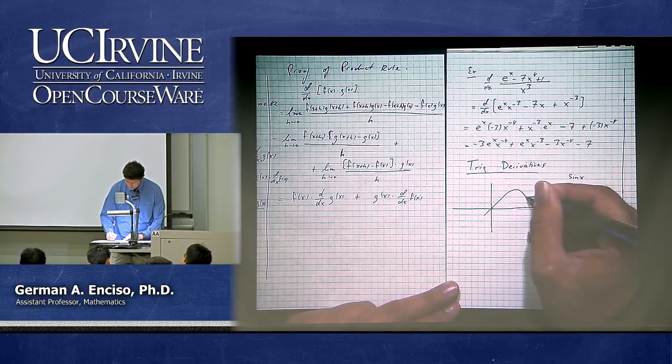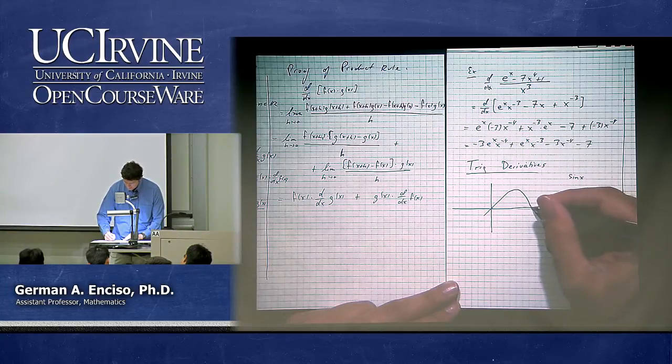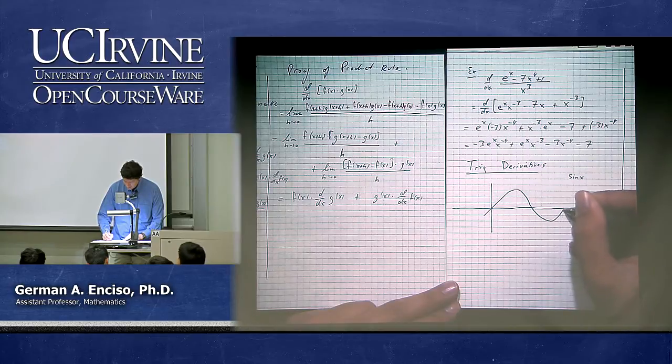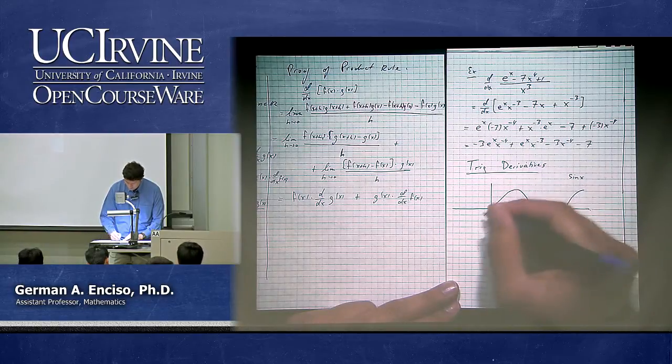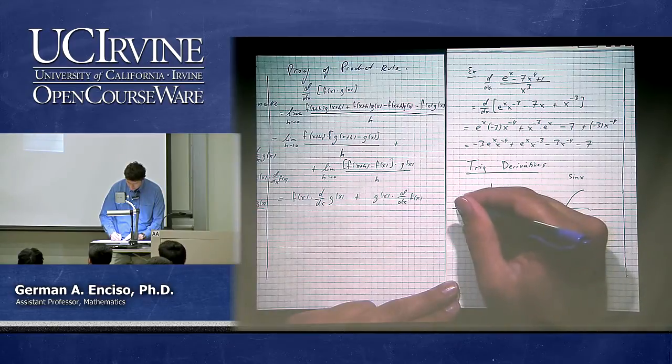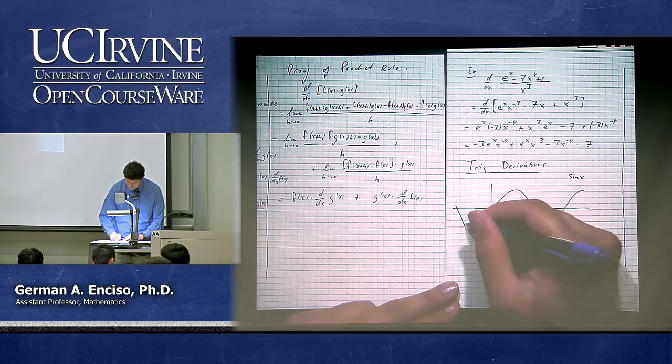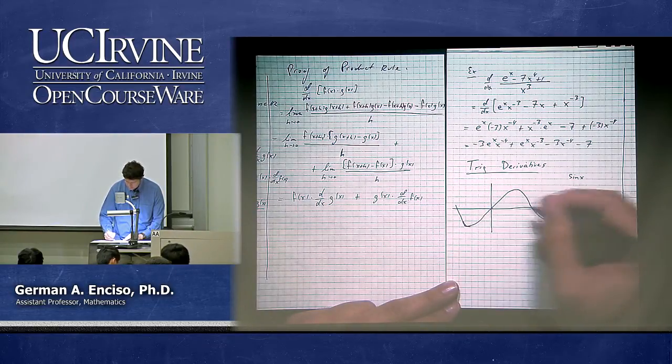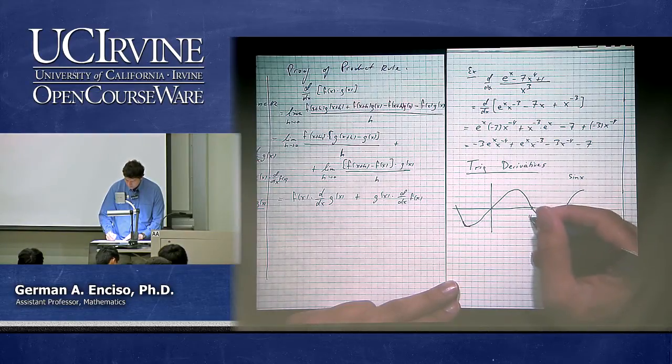So something like this, it goes down, and then it goes up again. Okay, so this is here, what value is this? I think this is pi, right? Mm-hmm.